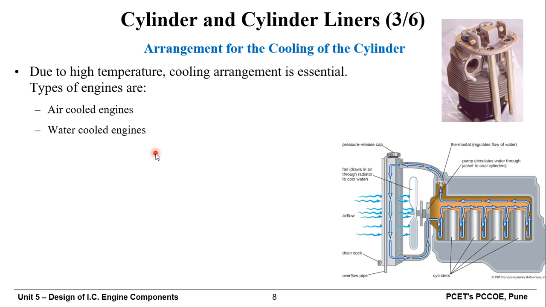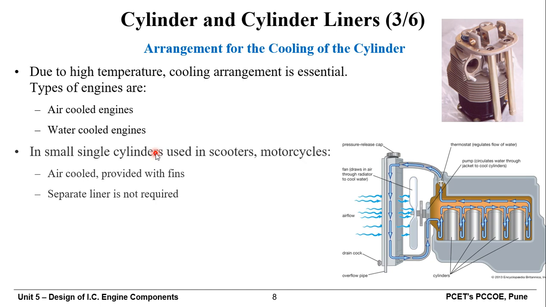In air-cooled engines, air takes the heat from the engine and dissipates it to the atmosphere. In the case of water, water takes the heat of the engine and it is dissipated in the radiator.